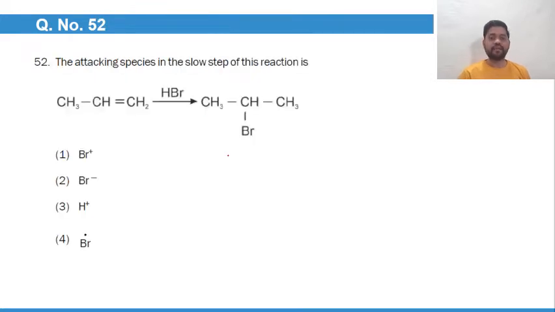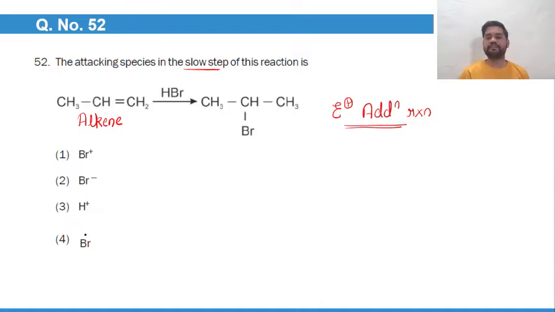Next, the attacking species in the slowest step of the reaction. Here they are talking about the slow step of the reaction, and if you see, the substrate is alkene. To be very specific, it is propene, but I'll take alkene. Alkenes love to undergo electrophilic addition. That means the first attack that takes place is of the electrophile, and the moment that electrophile attacks, there is a bond breaking process.